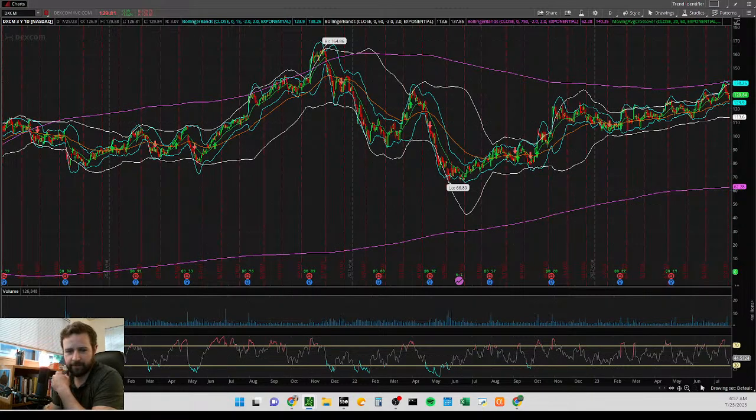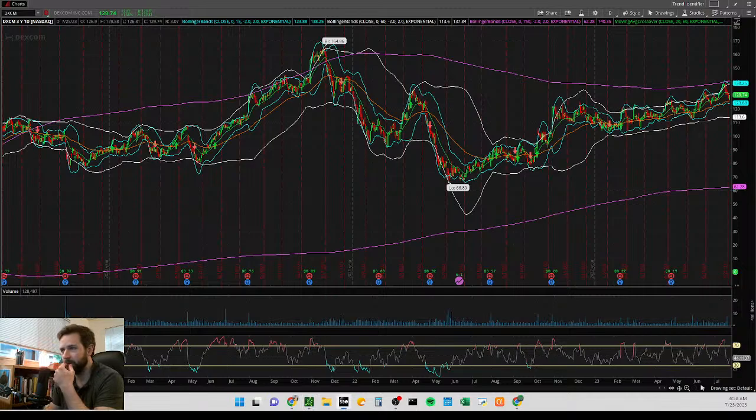Dexcom up 1.6% on the day. I'm down, but yeah, I gotta get out. That's a good spot. Sucks. Market's not that, spread's not that great, but, you know, I don't know that much about it. So perhaps if I did, I'd stick around in it, give it a chance.